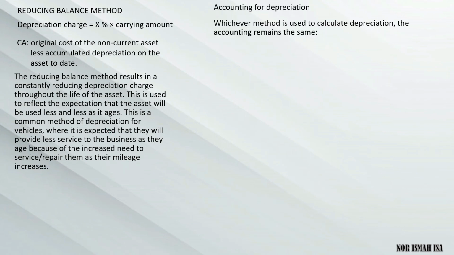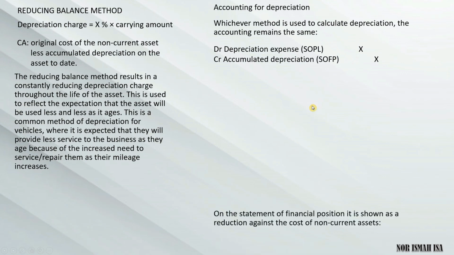So this is accounting for depreciation. We need to debit depreciation expense. This one will go to the statement of profit and loss, which is the first effect. The second effect is we need to credit accumulated depreciation, which is the contra account for the non-current asset. This one will be reported in the statement of financial position.